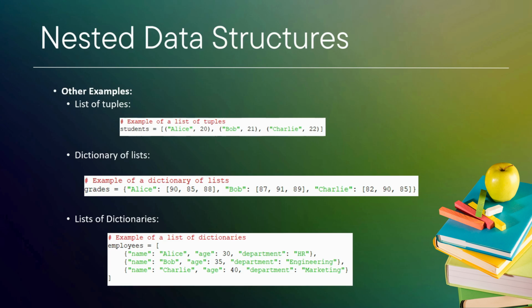So if you look closely, the keys here, for example name, age, and department, could be the names of the 3 columns, and then Alice, 30 and HR is one row, then Bob, 35 and engineering is the second row, and so on. So it is kind of like a CSV or Excel data structure.